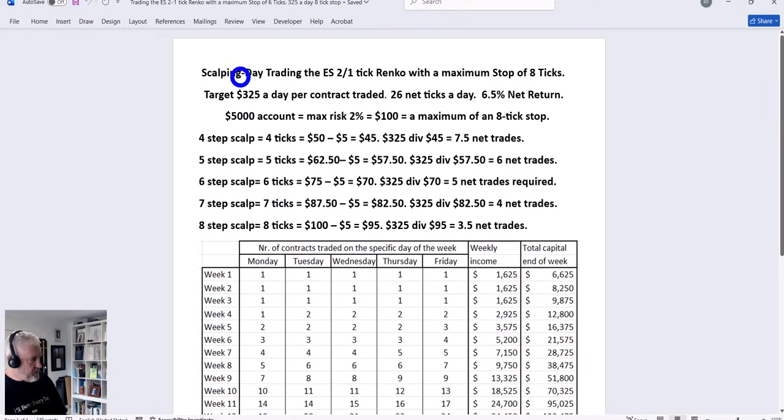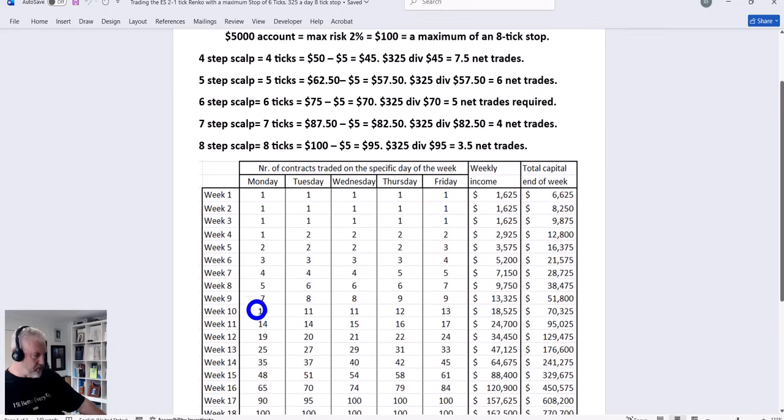Now if we're trading the 2 tick, which is a happy medium between the 1 and the 4, that is, the 4 is quite slow during the after hours market and you need a much larger account to trade it correctly, and the 1 tick is going to be too fast quite often, you trade the 2. And in this particular case we're going for 26 net ticks a day, and we've got our 10 grand a week income in 8 to 9 weeks.